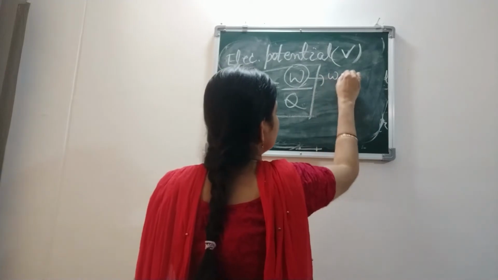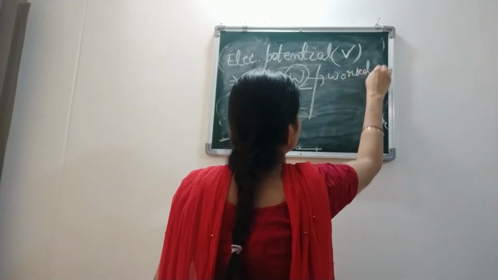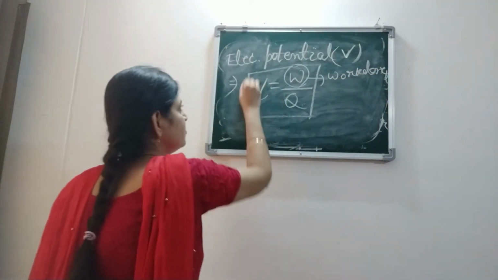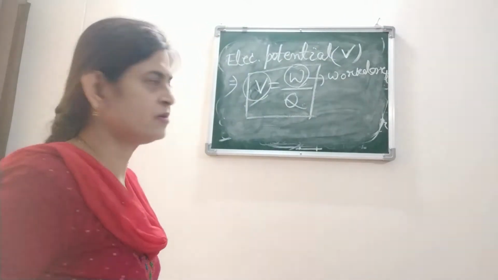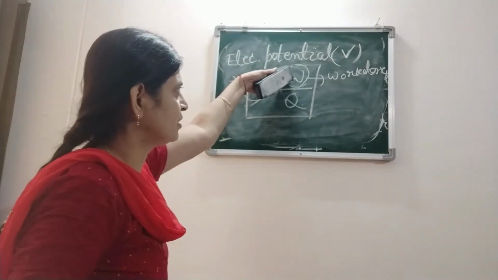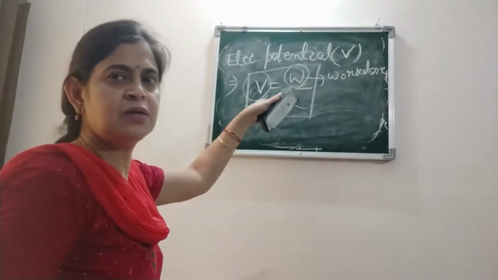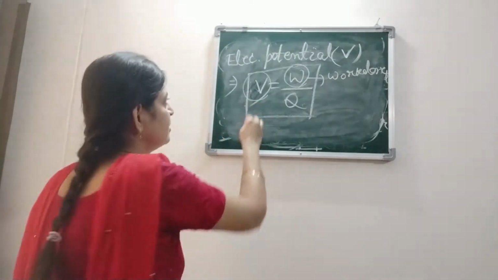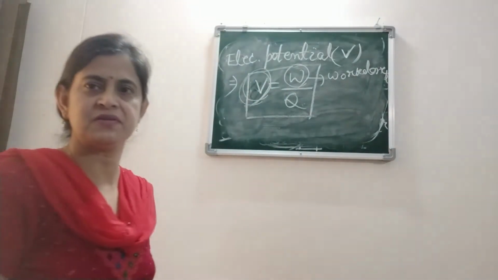W is the amount of work done. So, electric potential can be defined as the amount of work done per unit positive charge. That is called the electric potential.